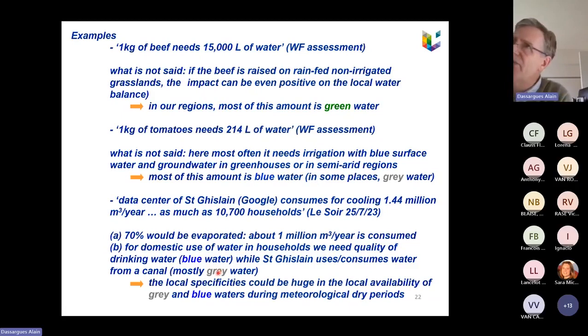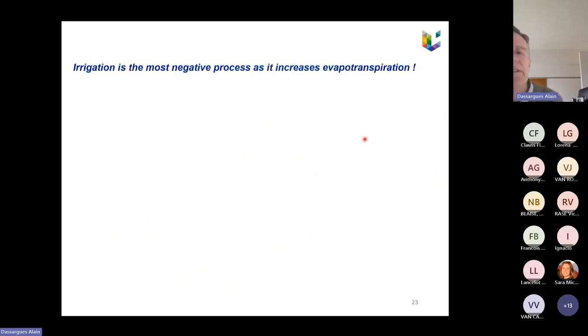So that must be said, because it has not the same value in terms of environmental impact. So the local specificities could be huge in the local availability of grey and blue waters during the dry period. So it means that during the dry period, some regions have problems, others no problem. So that's really the case in Europe and everywhere in the world.